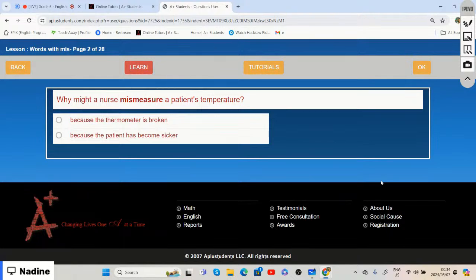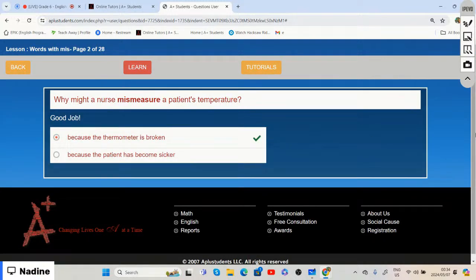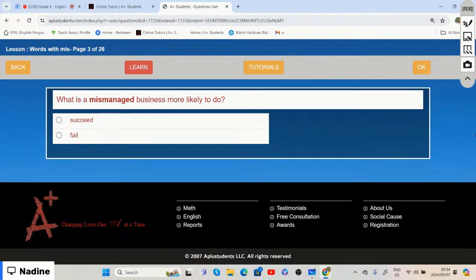All right, so a nurse might mismeasure a patient's temperature only because a thermometer is broken. So well done. Option one is correct.